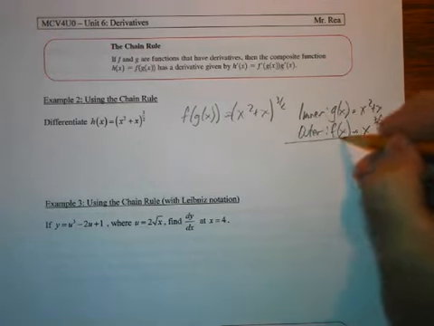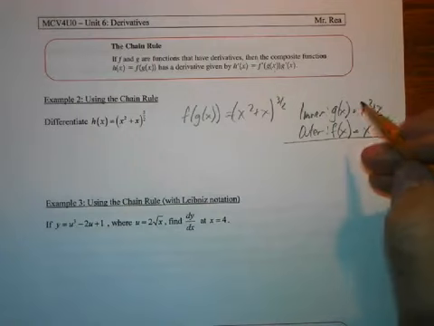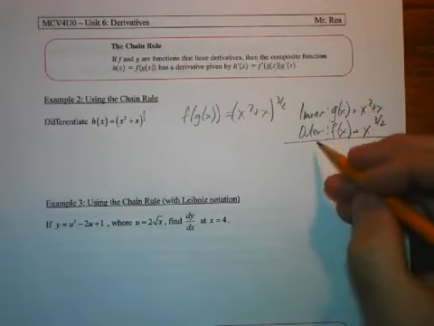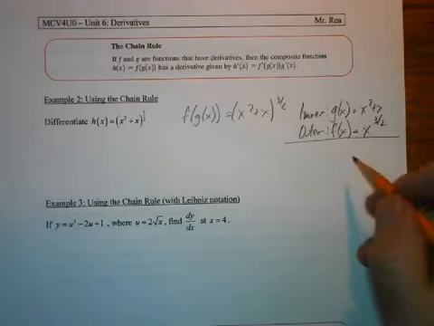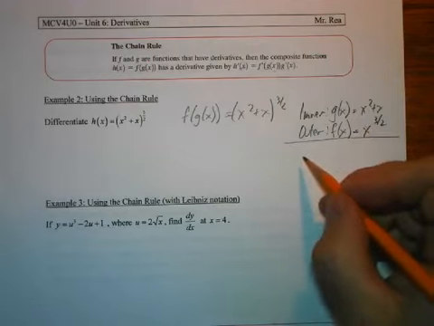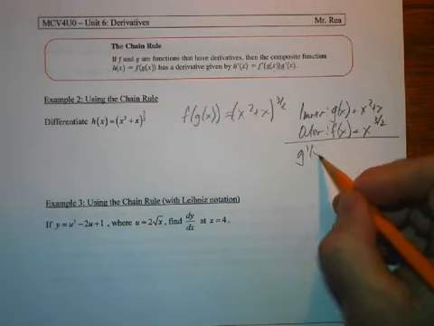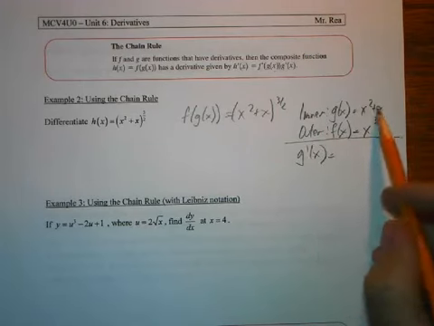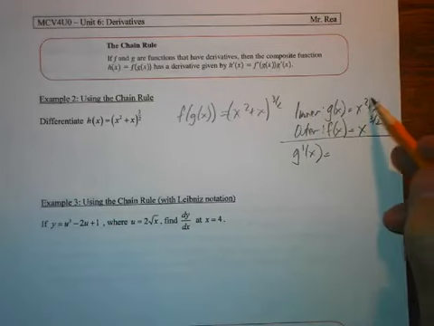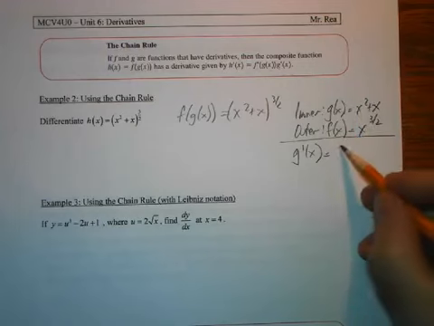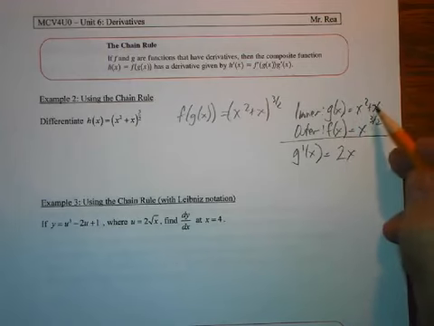So if I consider those as my inner and outer functions, I know I'm going to need the derivative of both. The derivative of g of x, so g prime of x, is where you use your polynomial rule that we did in the last lesson. So this would be 2 times x, and this would be 1.